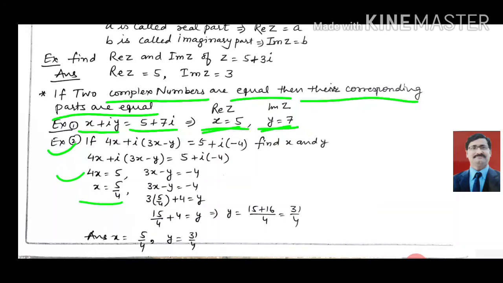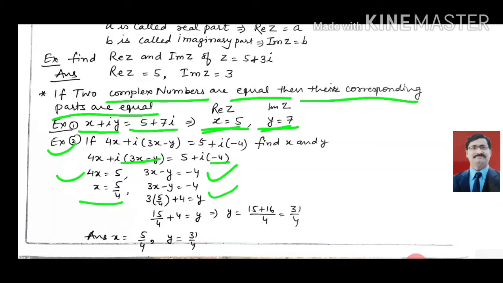And second part you have, this is the imaginary part. Imaginary part is here 3x minus y, and here is minus 4. So you can write 3x minus y equal to minus 4. Now in place of x you put the value 5 by 4. So you will get 3 into 5 by 4 plus 4 equal to y.